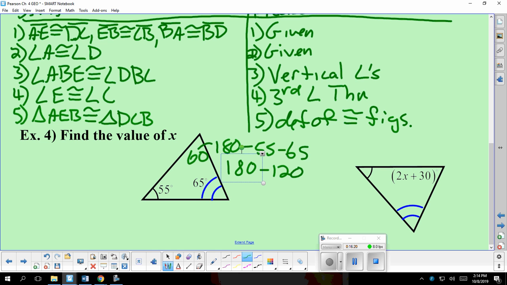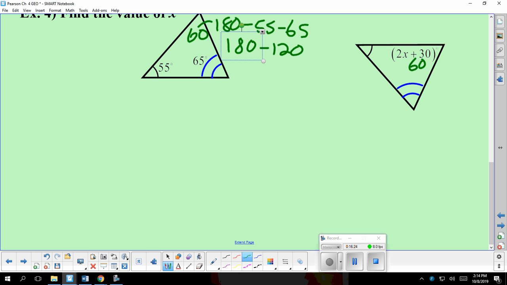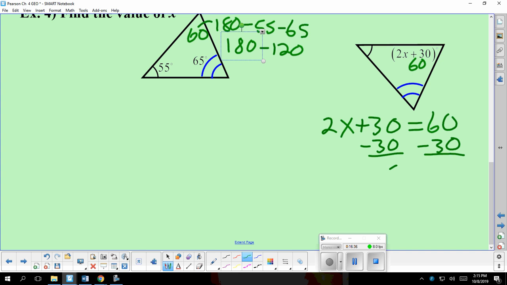So this has to be 60 degrees as well. Due to our third angle theorem, if those two are congruent, we know this third one has to be the same as well. So 2x plus 30 equals 60. Subtract 30 from both sides. 2x equals 30. Divide both sides by 2. X equals 15.